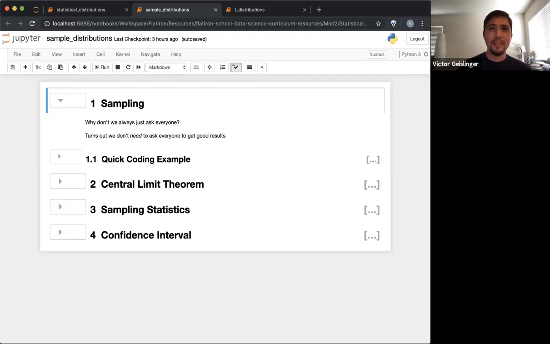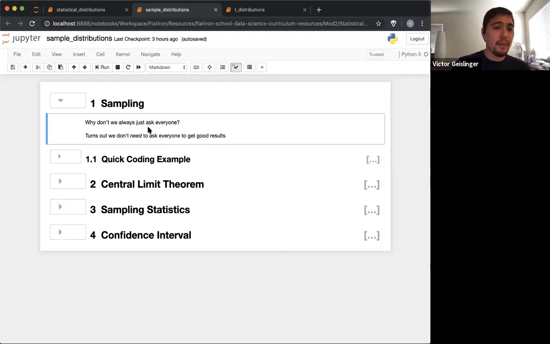And there's a topic of, what should we do? So it's real life problems with big surveys. But anyway, the reason why we're doing this, typical stuff: we don't want to ask everyone. It's too expensive, too hard, too much work. But it turns out that's okay, because when we do sampling, we can get decent results and understand whether our sampling describes the population or not, without having to ask everyone.